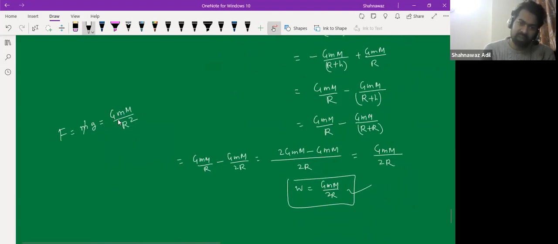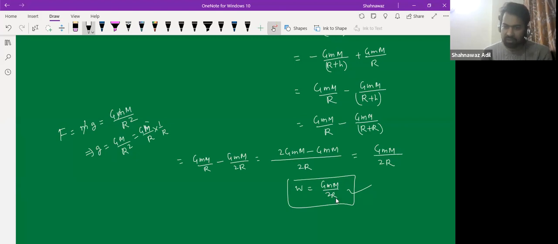So this m and this m cancel, and small g is GM by R square. So we can write this as GM by R, which is gR. So gR is GM by R, right?